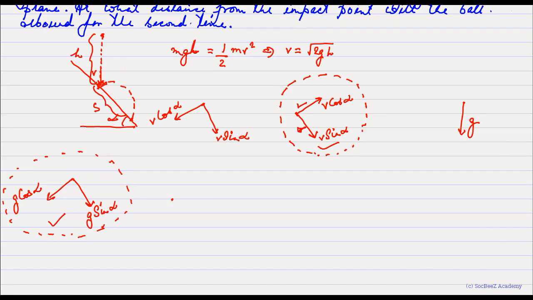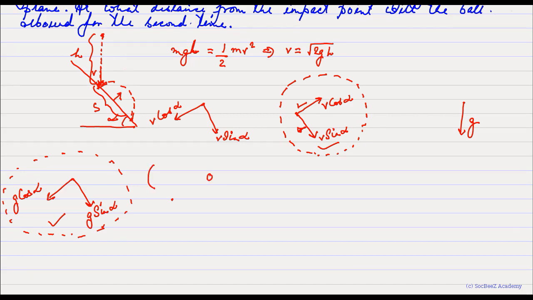What I want to say is that along this direction, the ball did not have any displacement while it moved in this particular trajectory. So the net displacement in the perpendicular direction is going to be 0.